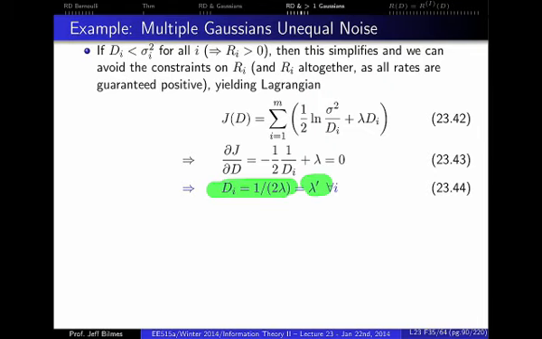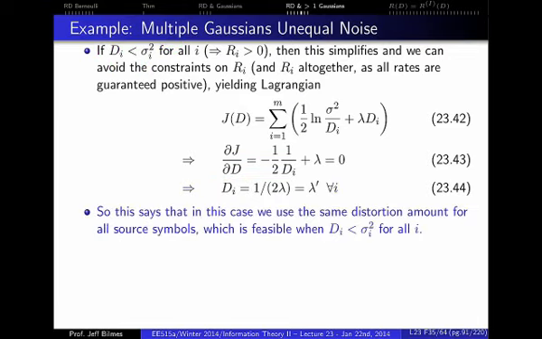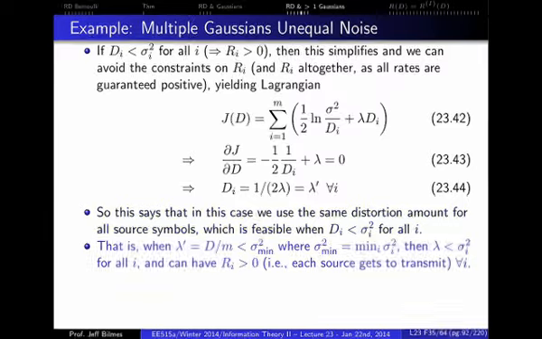Whenever this is true for all i, all of the D's take the same value. So this says that we can use the same distortion amount for all source symbols, which is feasible.